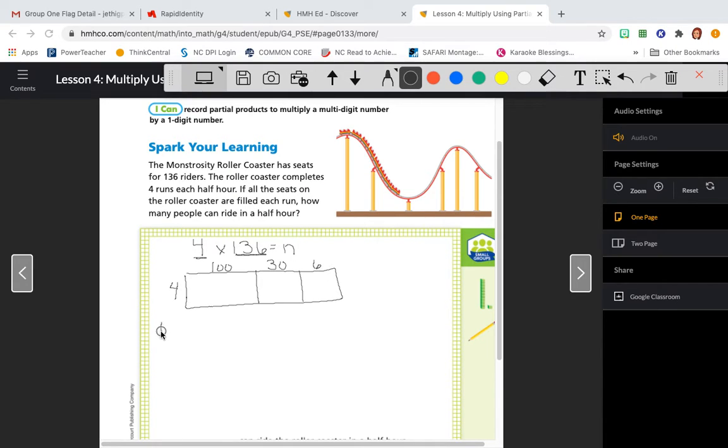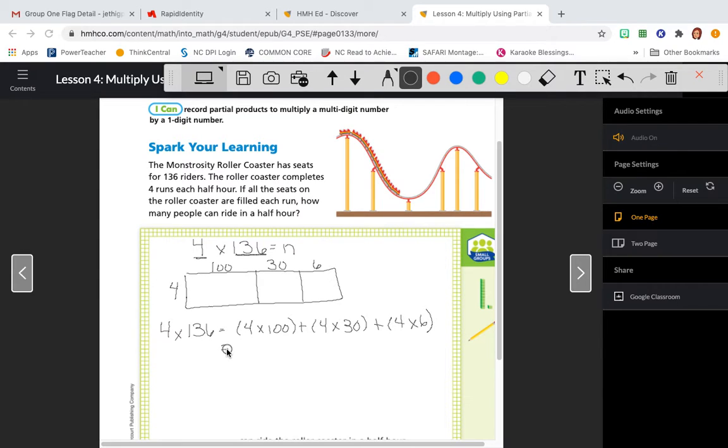So here's our equation again. So if we did that with distributive property, we would say 4 times 100 plus 4 times 30 plus 4 times 6.